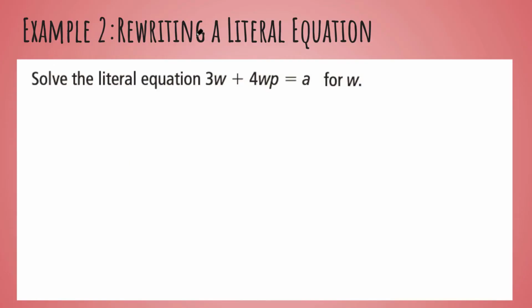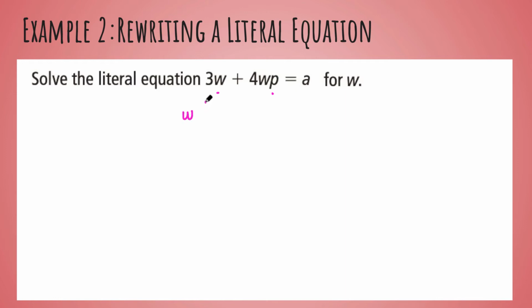Our next example, we're rewriting a literal equation, and this literal equation has variables of w and p. We're going to solve for w. So you can see that there's a w in this first term here, 3w, and there's a w over here, 4wp. So what we need to do as the first step here, since two terms have the w, is factor out a w.